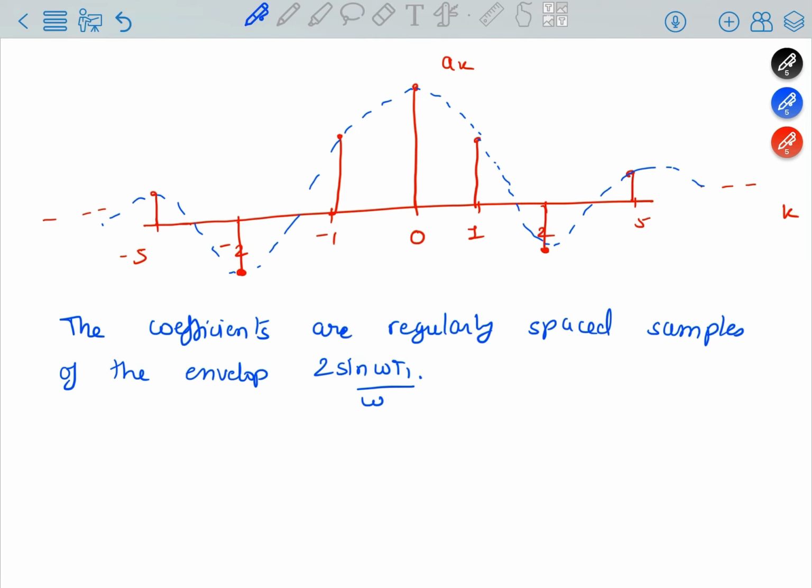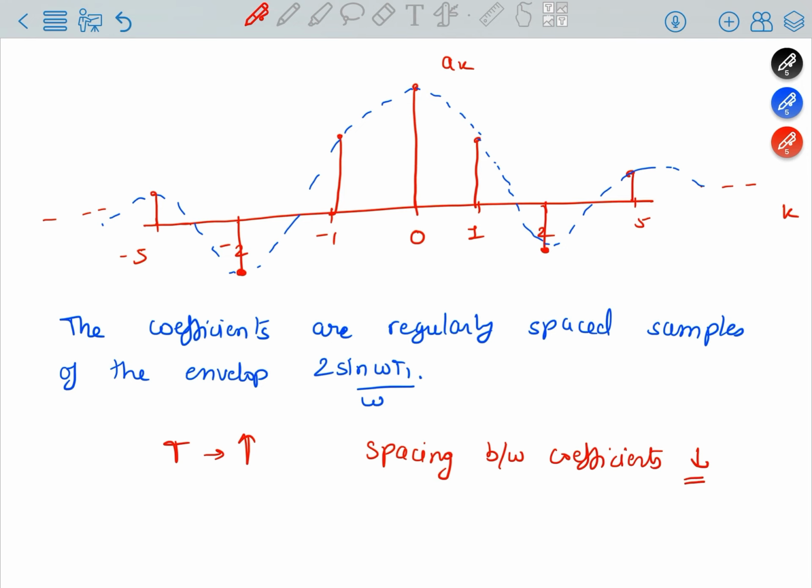You can verify further that as we increase the T value, the spacing between the samples will decrease. As the T value increases, the spacing between the coefficients will decrease further.